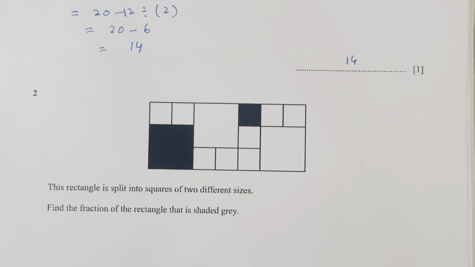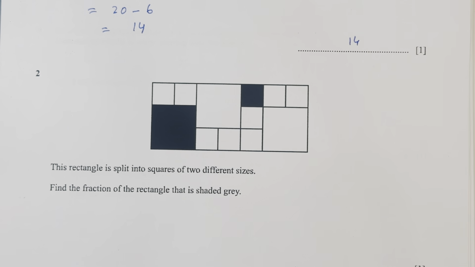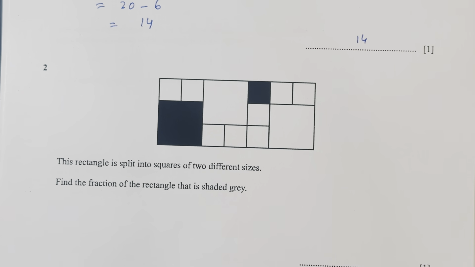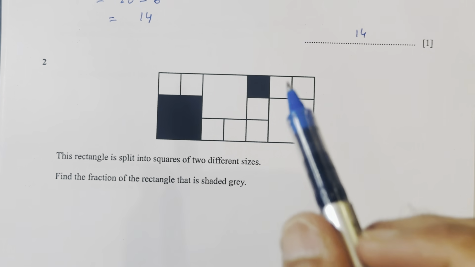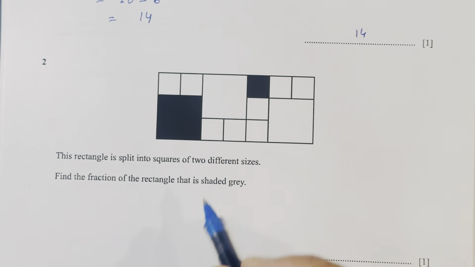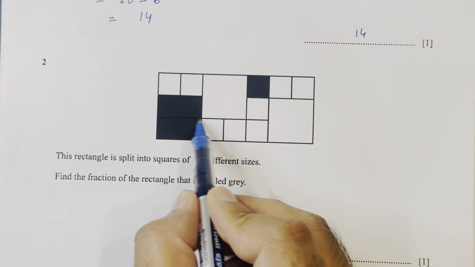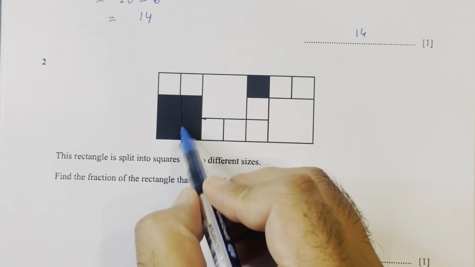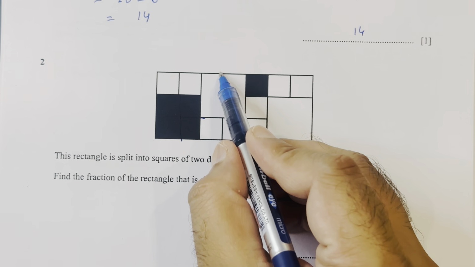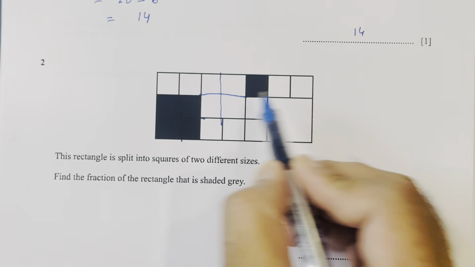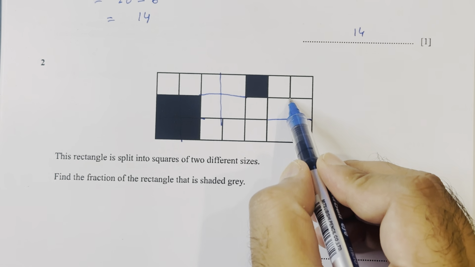Question number 2. The rectangle is split into square pieces of 2 different sizes. Find the fraction of the rectangle that is shaded gray. First you need to solve it by plotting boxes: 1 2 4 boxes over here, this is also 4 boxes, and there are also 4 boxes.